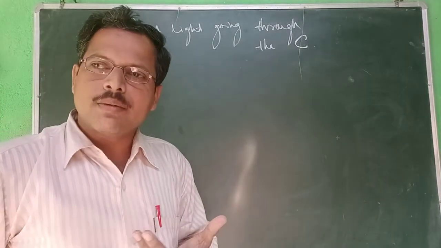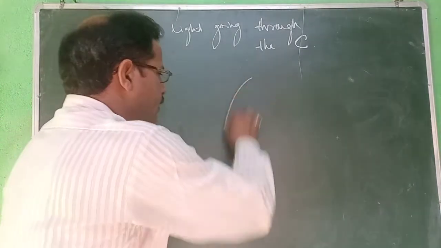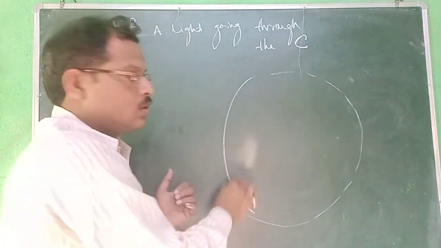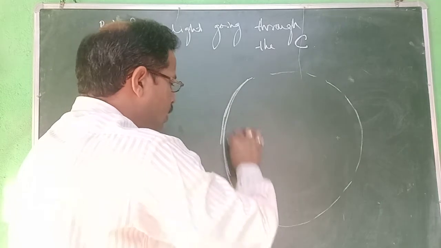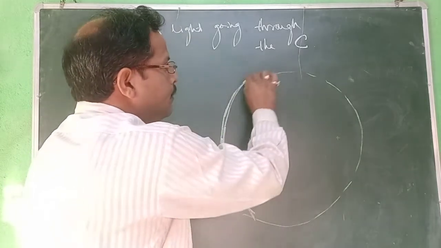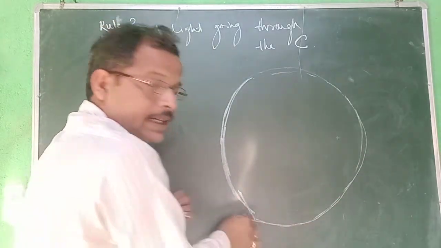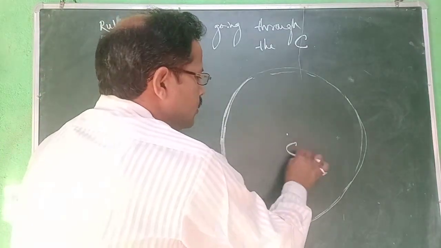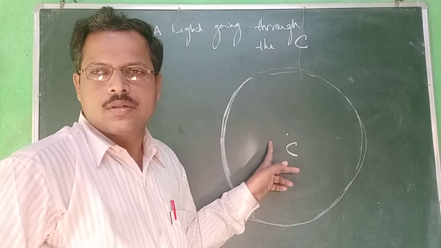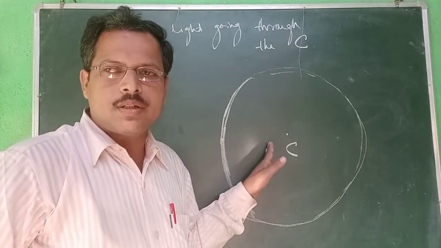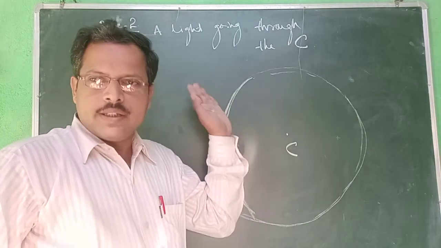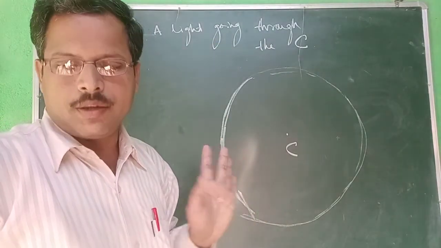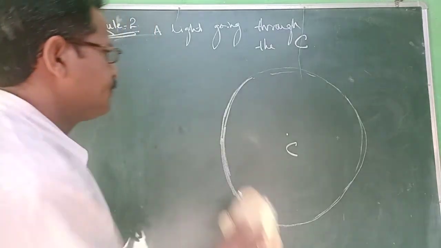So what is the center of curvature? If we think this is a total sphere, this is the reflecting part of the convex mirror. If we think of this as a circle, then there must be a center, and that center is called the center of curvature. In this case, a light going through the center of curvature, what happens? Let us see.